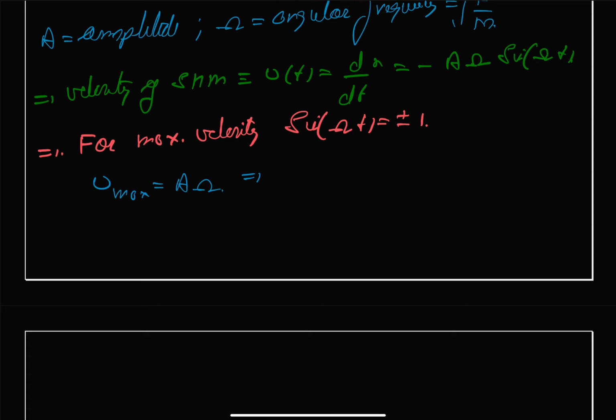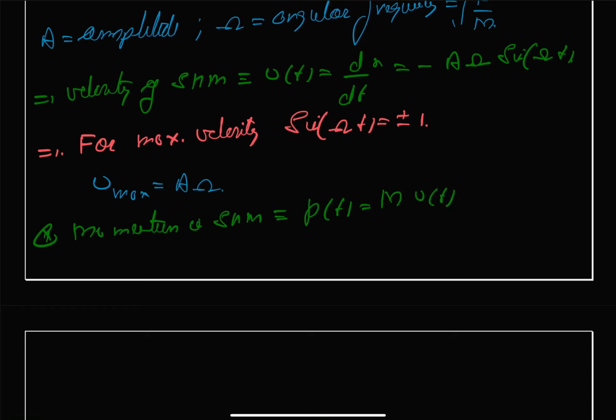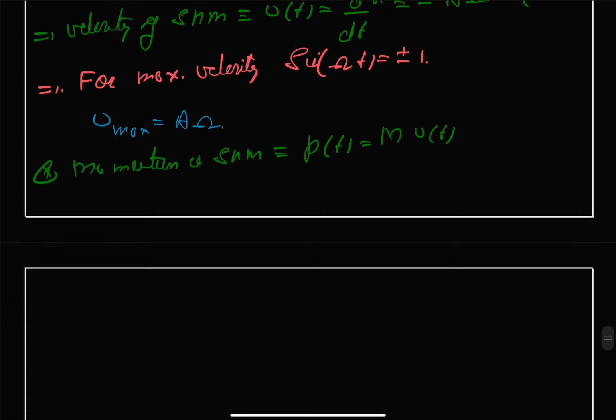So we can say here that our momentum in SHM, which is our P of t, will be equal to mass multiplied by velocity, or we can say our P max will be equal to mass multiplied by velocity max, which gives us M A times omega.